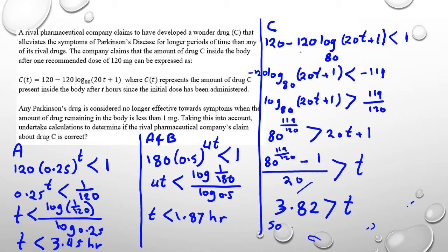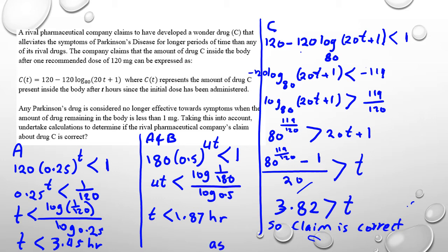And then you will have to write the statement. So the claim is correct, because you can see that drug C's time is 3.82, drug B is 1.87, and drug A is 3.45. So the best one is drug C because it stays longer.